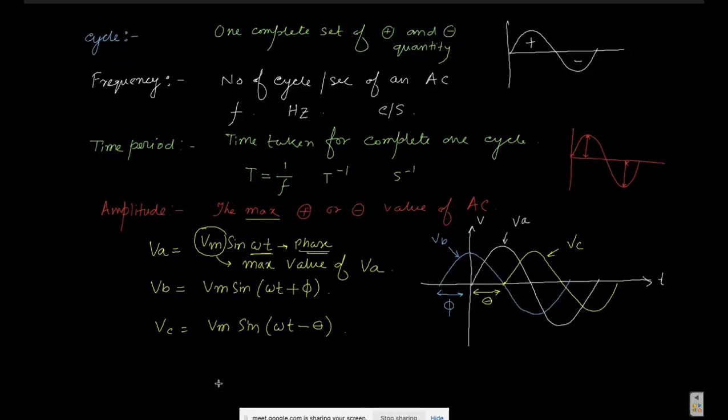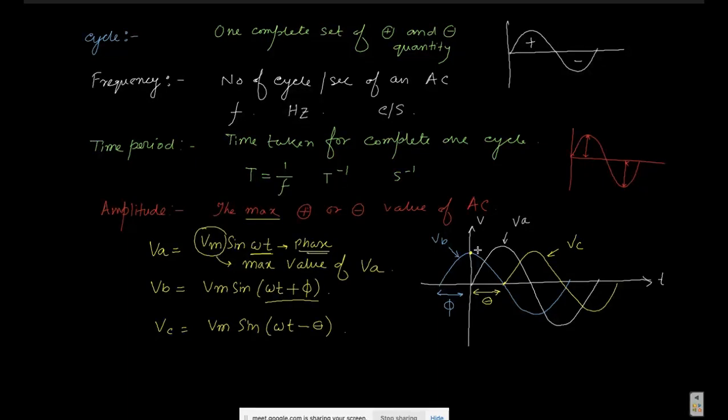Why have I written omega t minus phi? If you clearly see, the phi is in this direction, on the left hand side, so we could write it as Vm sin(omega t minus phi). But why should we write it as plus phi? Taking 0 as a reference, when VA starts generating, at that time VB has already started generating some time before, and it reaches its maximum value.